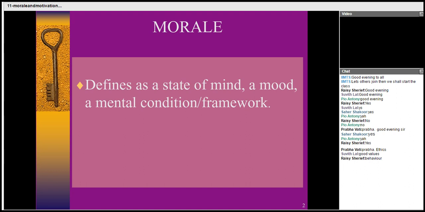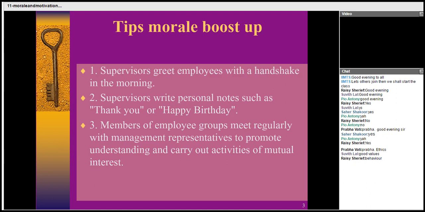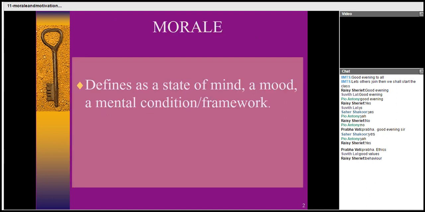Good, very good. So morale is defined as a state of mind, a mood, a mental condition, a frame of reference.